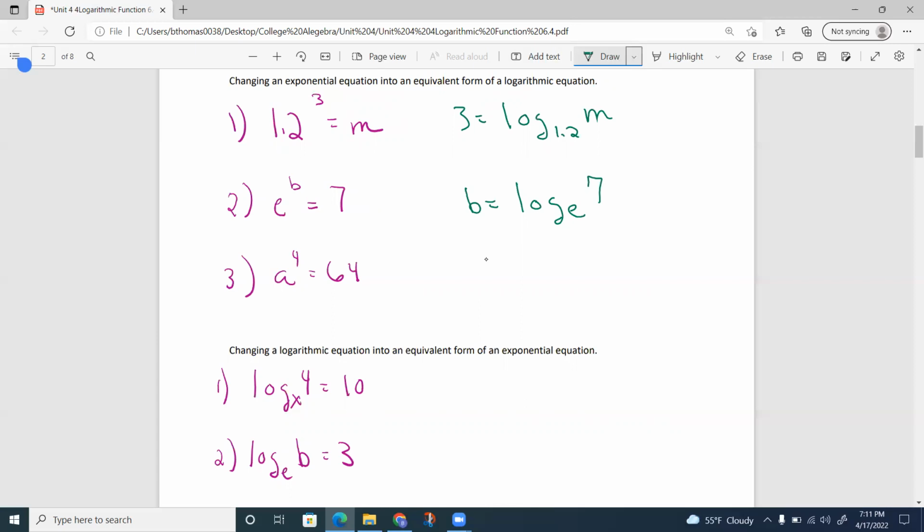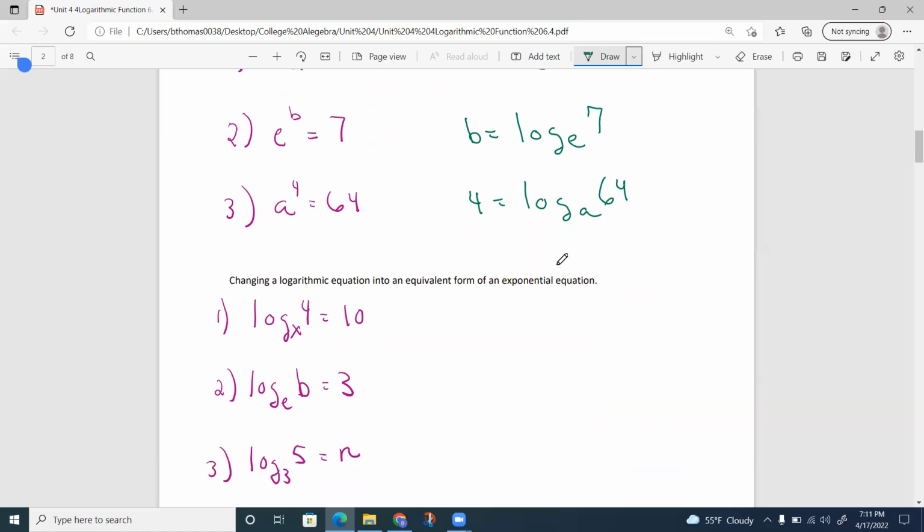So if I have a to the 4th equals 64, the logarithmic form, again, the exponent is the 4, equals the log of, well, the base is a, so we're taking the log of 64. So 4 equals the log of 64 base a would be the logarithmic form of the equation.